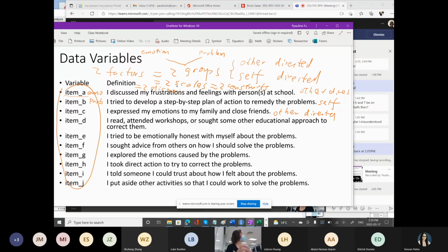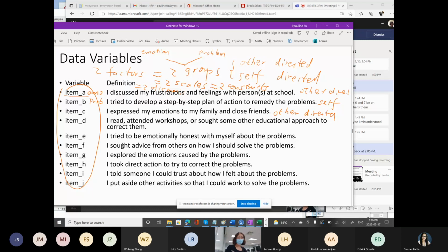They all refer to the same thing, different labels. So dimensions, scales, constructs, factors, groups, membership. They are similar concepts, different labels, okay?